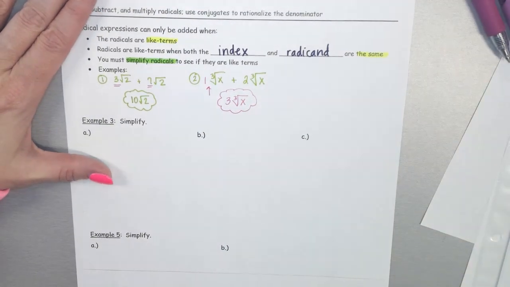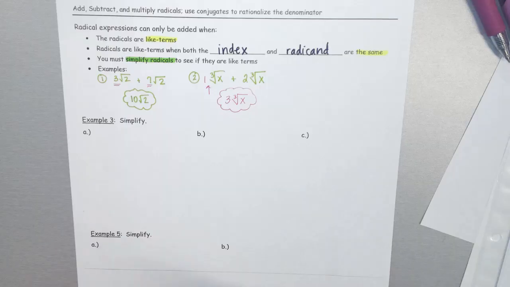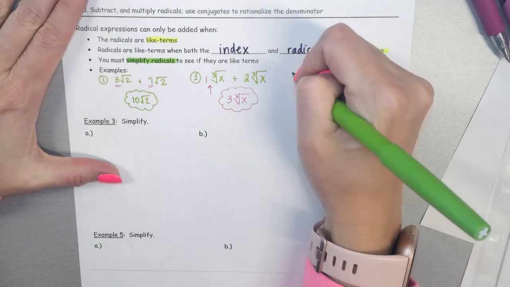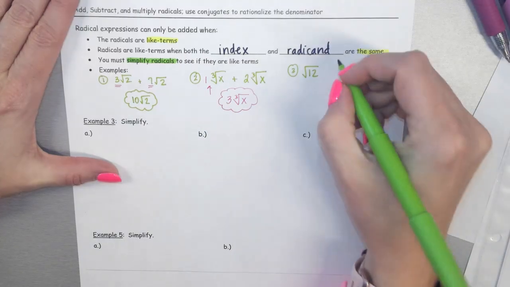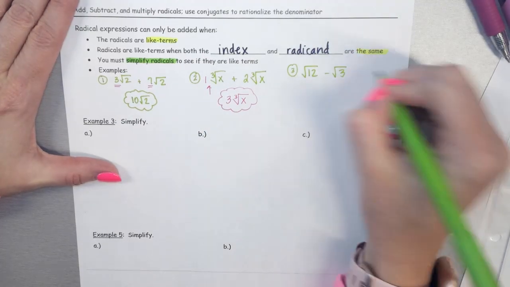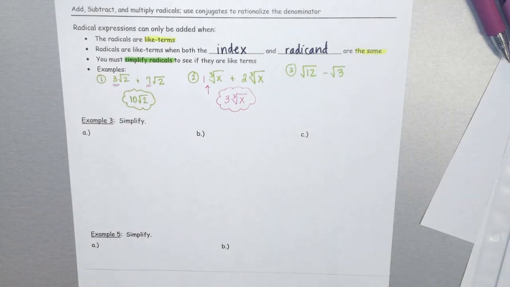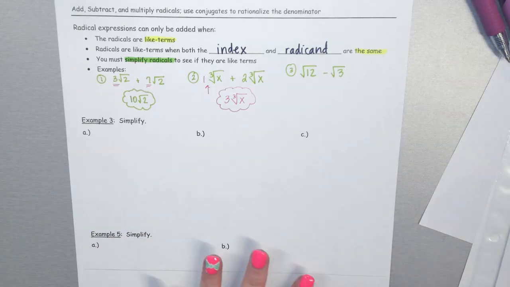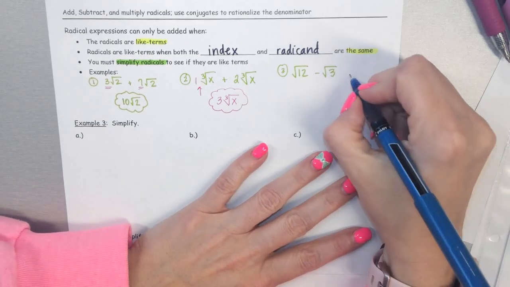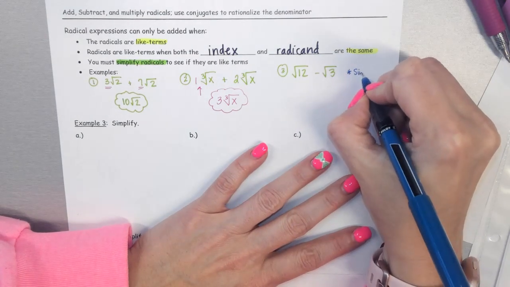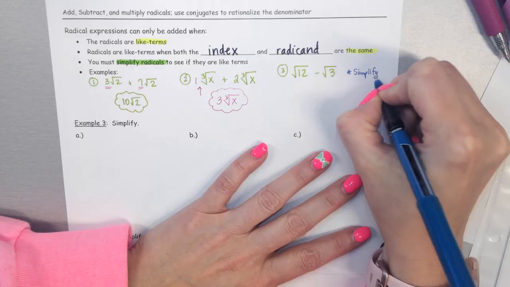All right, and then the last one we're going to do is the square root of 12 minus the square root of 3. So upon first glance, it looks like these are not like terms, but we've been simplifying radicals for a long time. So I want you to simplify what you can.